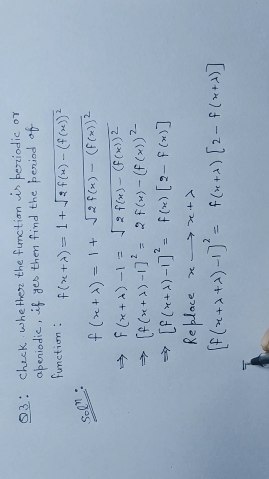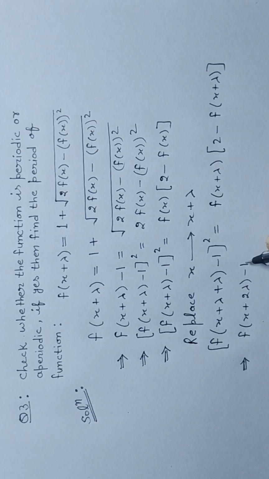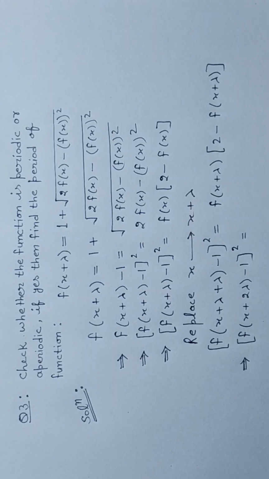So we get (f of x plus 2 lambda minus 1) whole squared equal to f of x plus lambda into (2 minus f of x plus lambda).